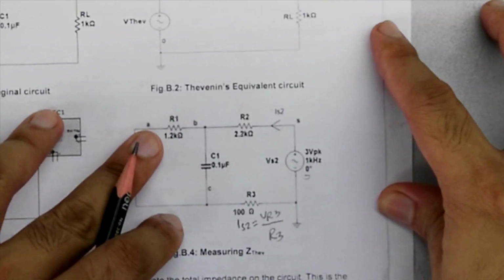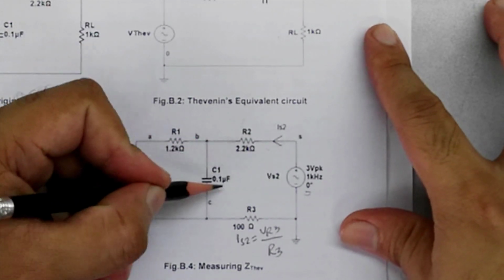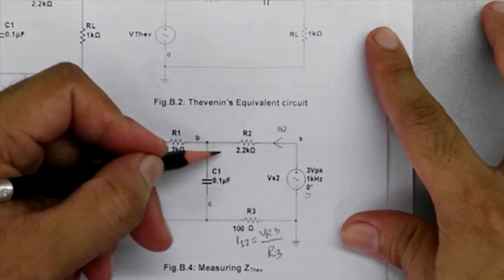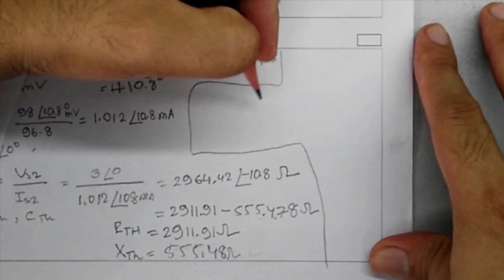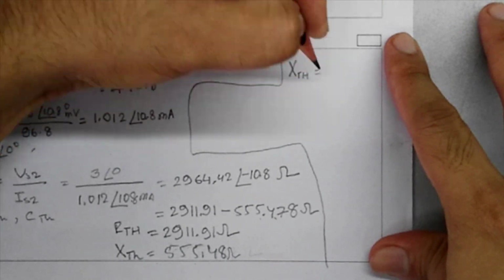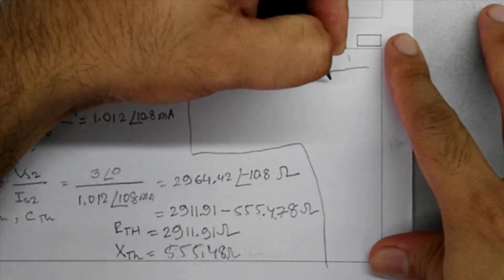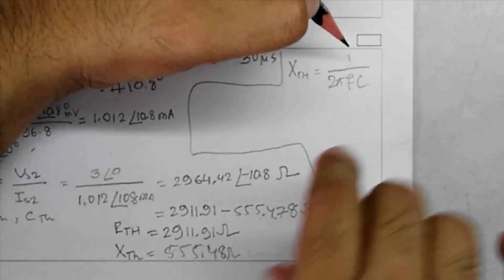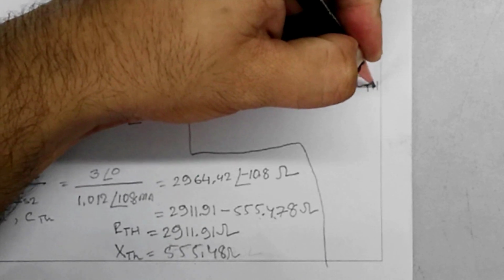If we notice from our circuit that the only reactive component of our circuit is a capacitance, so the entire reactance is created by this capacitance. So we can say that XTH is equals to 1 by 2 pi F CTH.